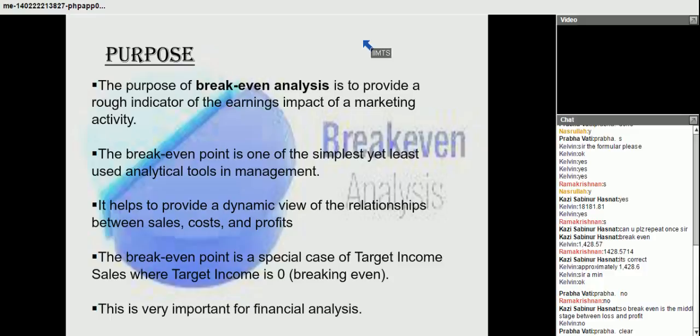Okay, now let's see the purpose of break-even analysis. The purpose of break-even analysis is to provide a rough indicator of the earnings impact of a marketing activity.